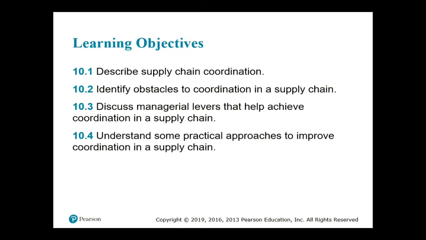First, we're going to describe what supply chain coordination is, then what the common obstacles for achieving coordination are, then how we use some managerial levers to overcome these obstacles, and finally some practical approaches.